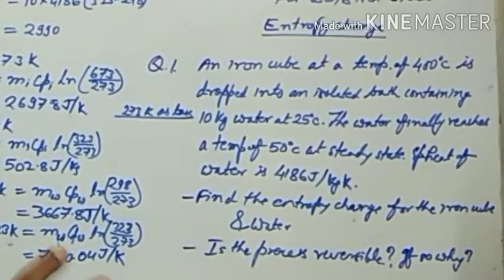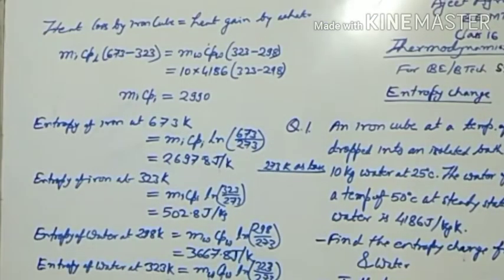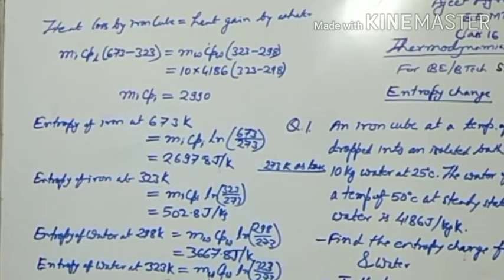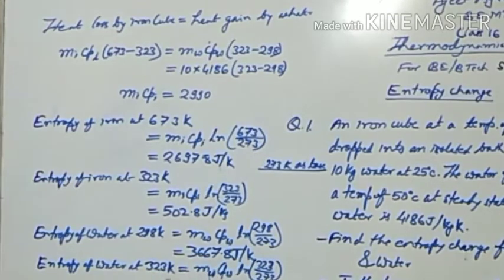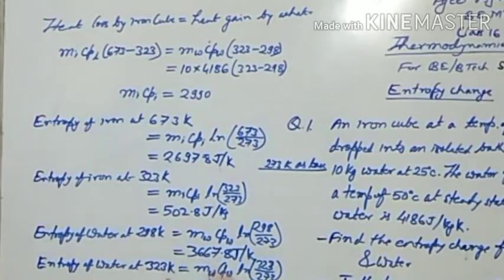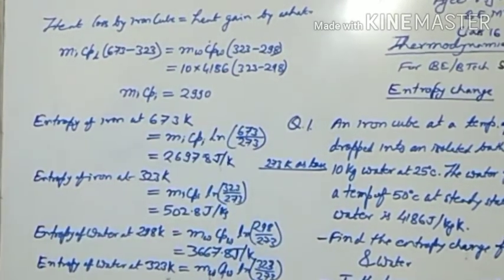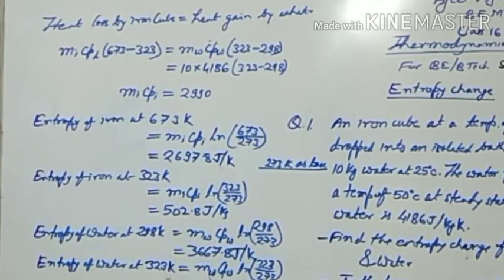So in this question, we have to find out the change in entropy. If it is 0, then we'll say the process is reversible, and if the entropy change is more than 0, then we'll say the process is irreversible.